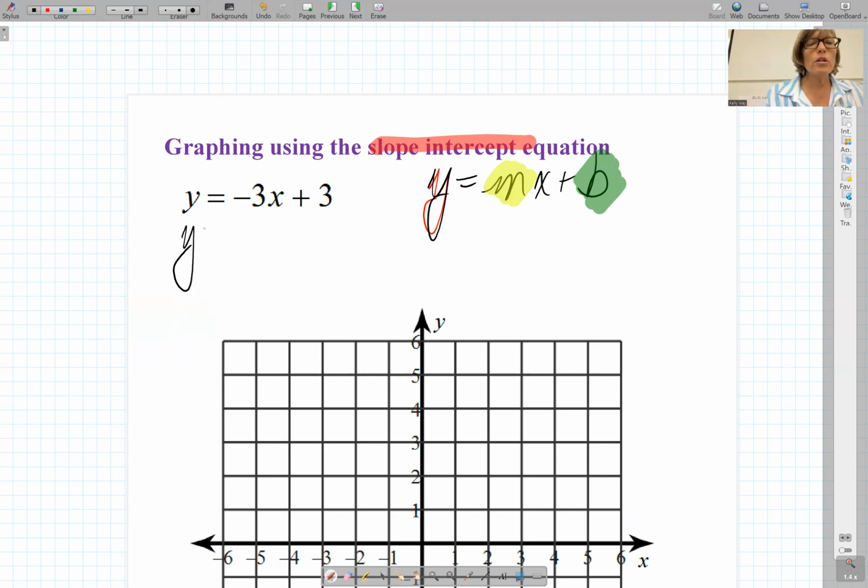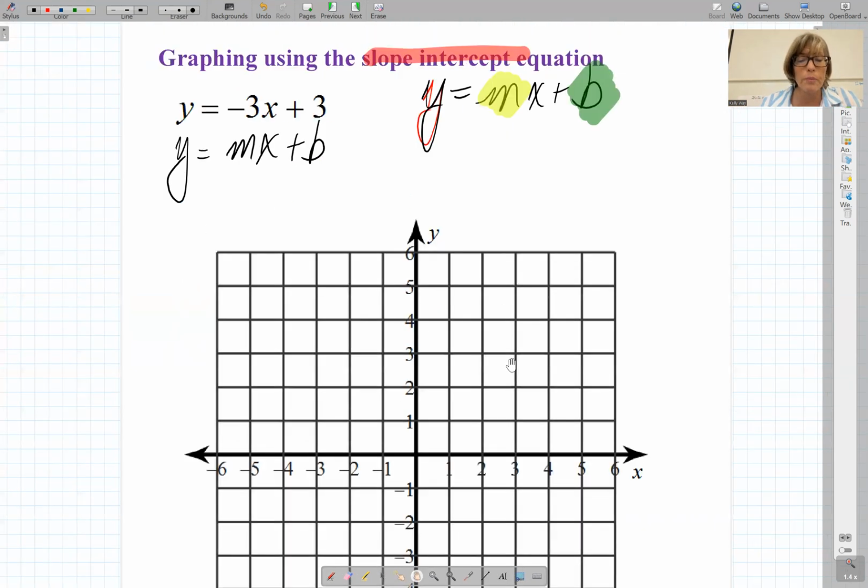Always start by making sure you write the equation right underneath it. I'm going to show you how to graph this. I'm assuming you've seen this before.